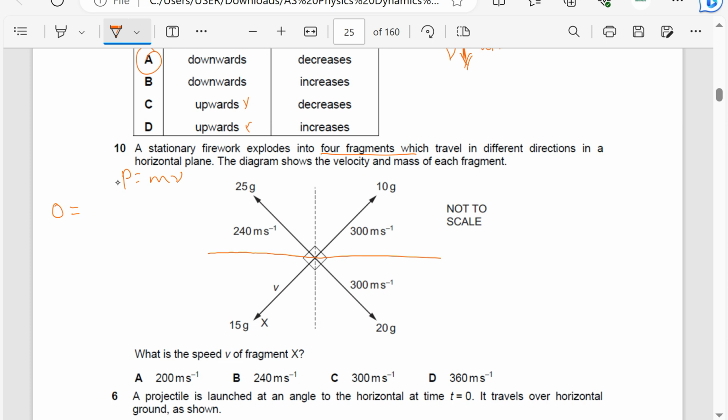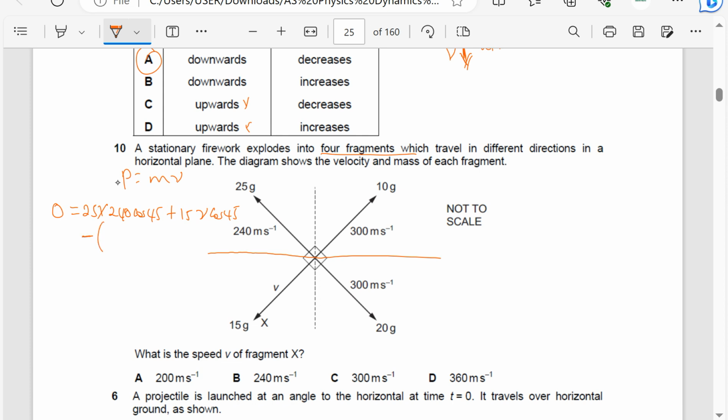So to the left, we have 25 grams times the velocity, 240 cos 45, then plus 15, the velocity is v cos 45. That is to the left, minus to the right.